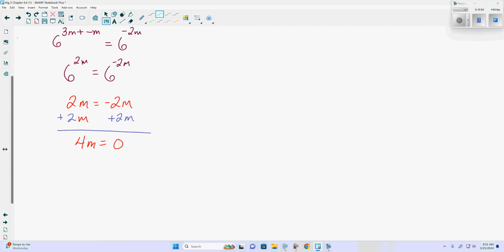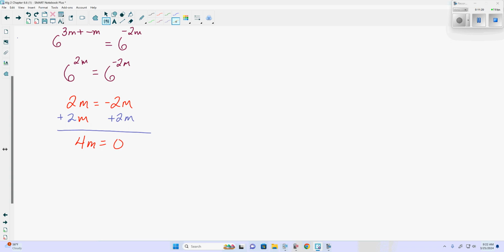Questions? Questions on this here? We feel good with this so far? Now at this point, there's two different ways we can go from this. One is we just divide both sides by 4 and solve for m, yes? Zero product property states what? If I have two or more things multiplied together to equal 0, one of them must be 0. So 4 times m, yes? So m has to be 0.